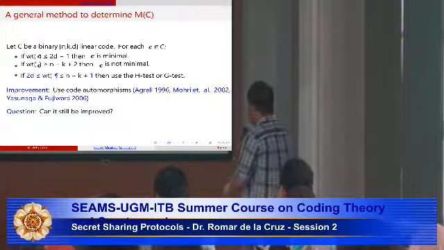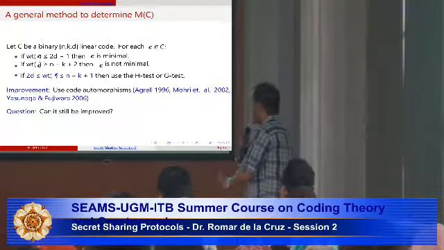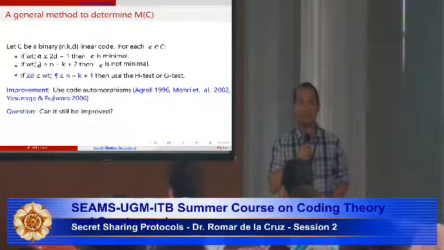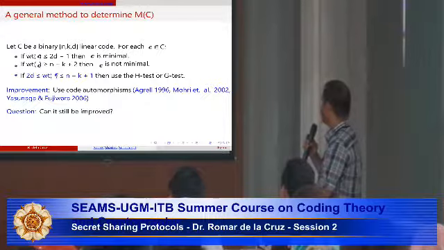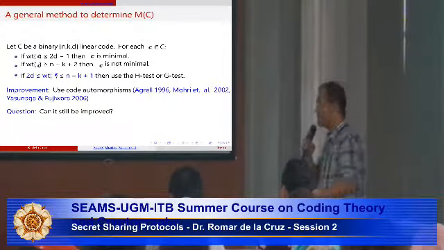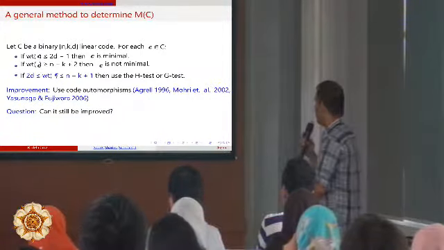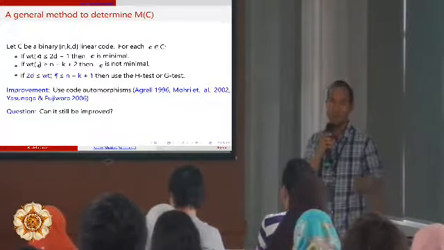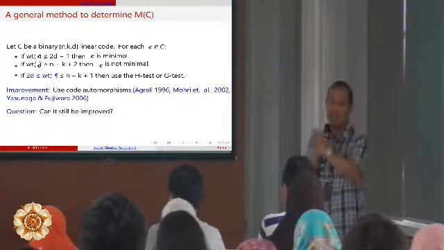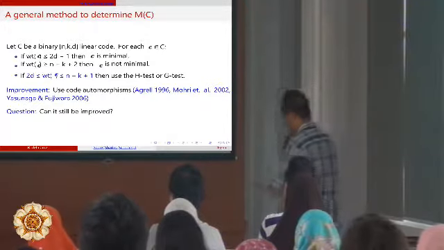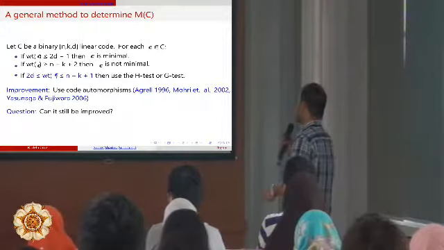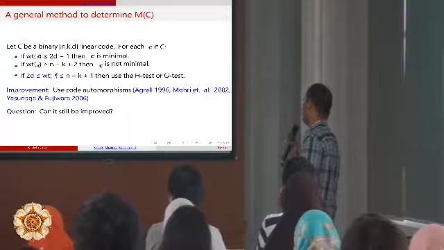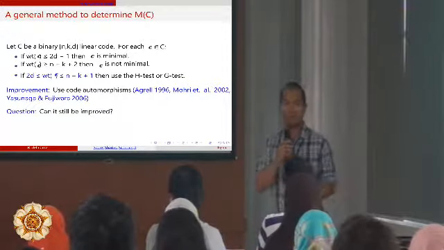Actually, it's an open problem whether you can improve this process. If the number of code words is very large, this algorithm is very inefficient, because you have to check basically each of the code words. You can do some improvements using the automorphism group of the code.